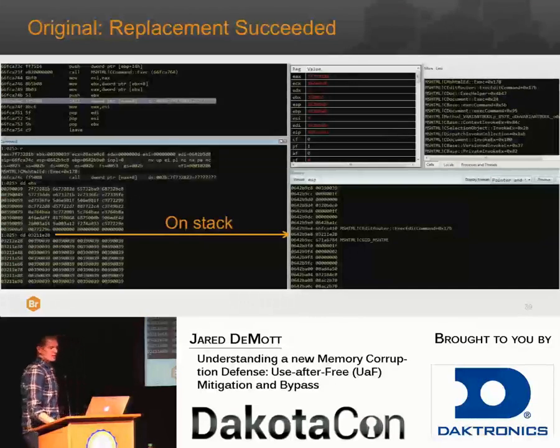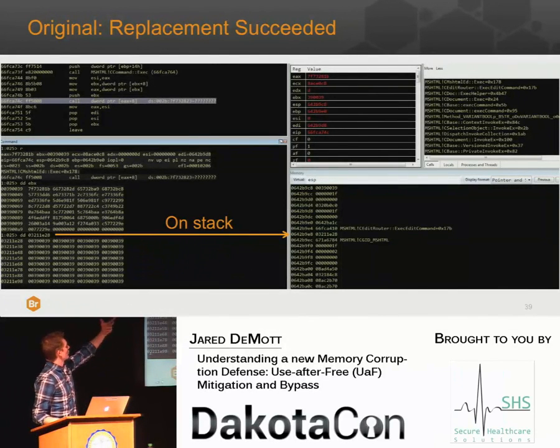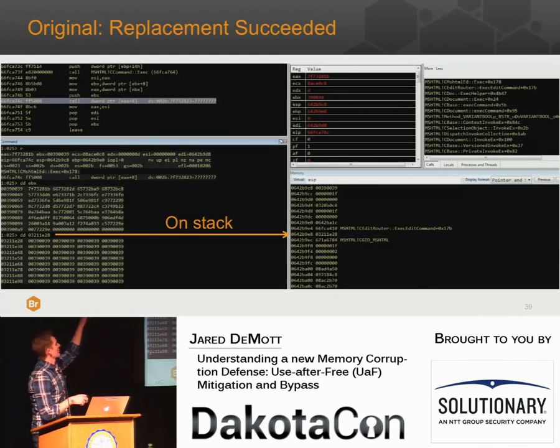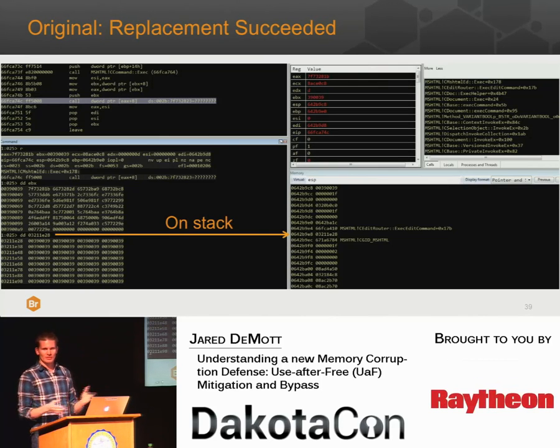So if we look at this crash for this particular bug in WinDbg, anytime you see the word original in these next four examples, it just means we don't have isolated heap and delayed free. It's as it was before those protections were put in place.